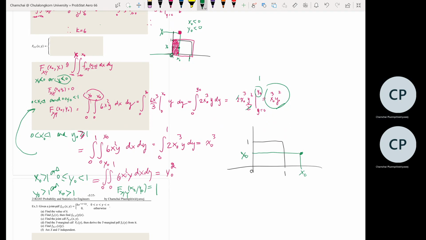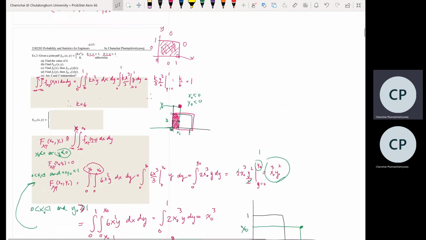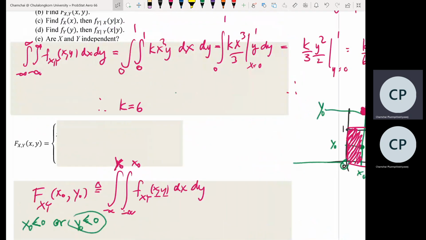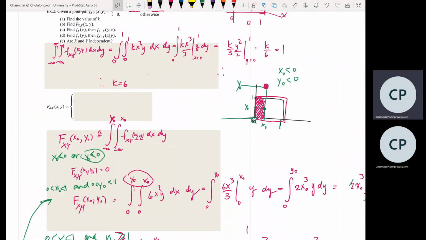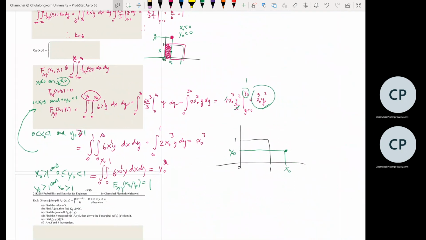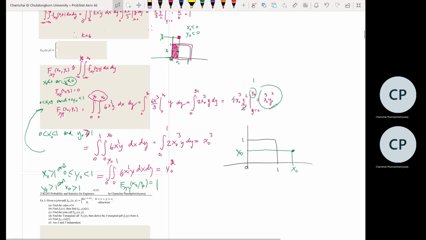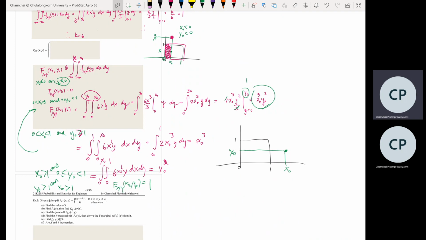Okay, all right. So you plug them in here. Since this is continuous, if there's no jump, you can use equal to.